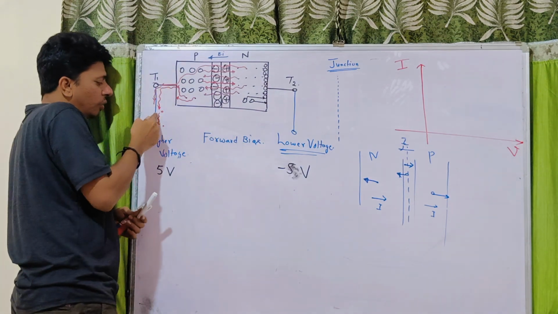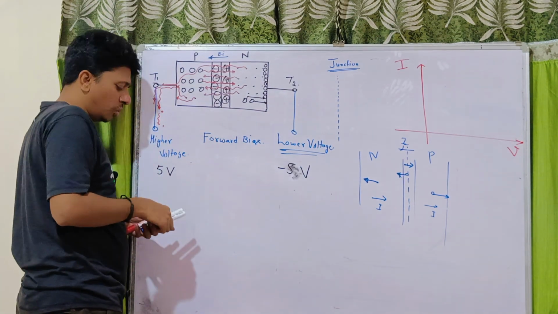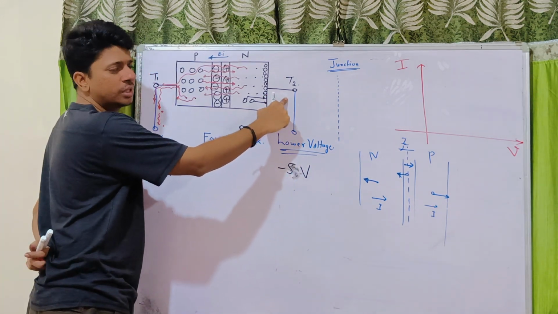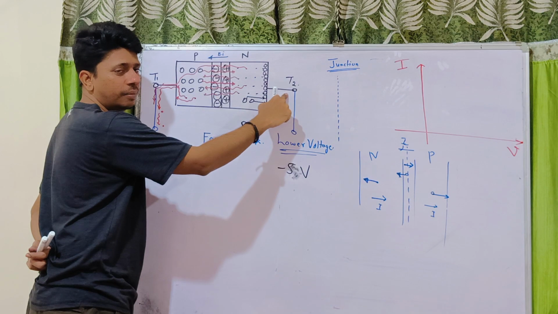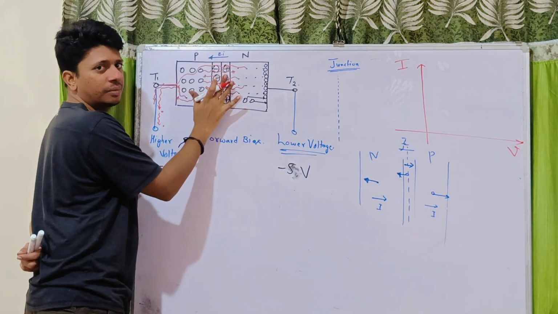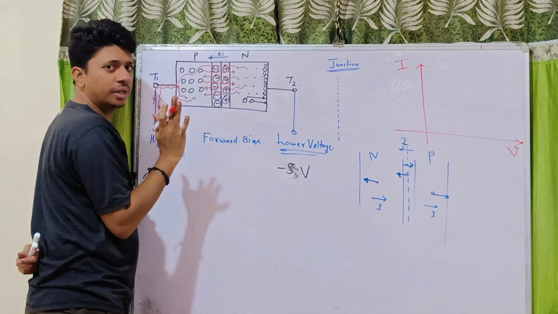Electrons go to the positive terminal, but holes cannot go in there because there is no concept of holes in a conductor material. So these holes are basically a concept of semiconductor material, and they are basically in between the semiconductor material.